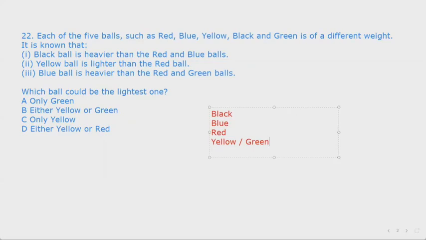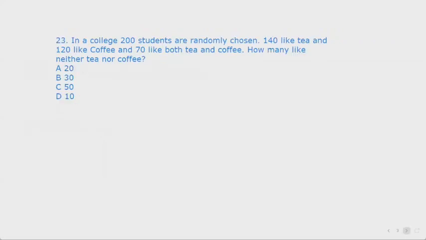Moving to the next question, question number 3. In a college, 200 students are randomly chosen. 140 like tea and 120 like coffee. 70 like both tea and coffee. How many like neither tea nor coffee?